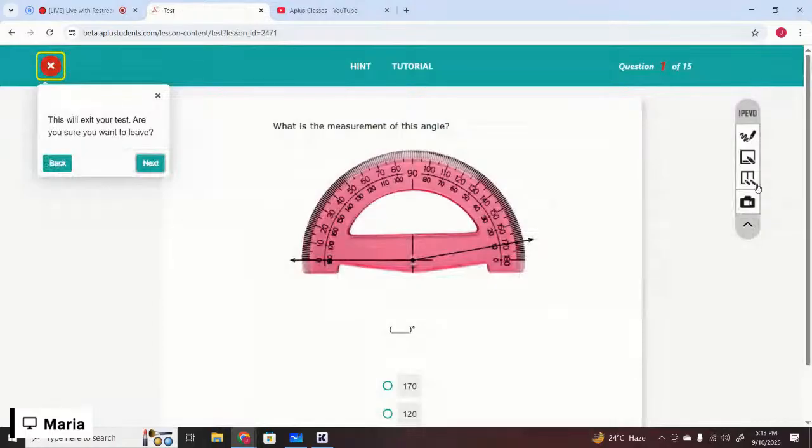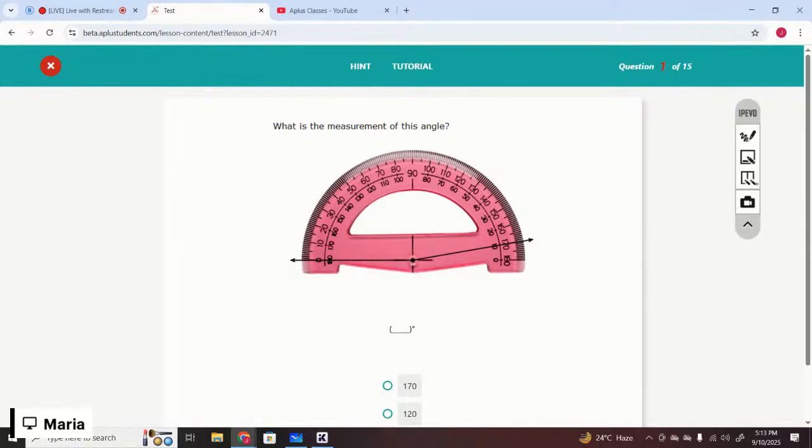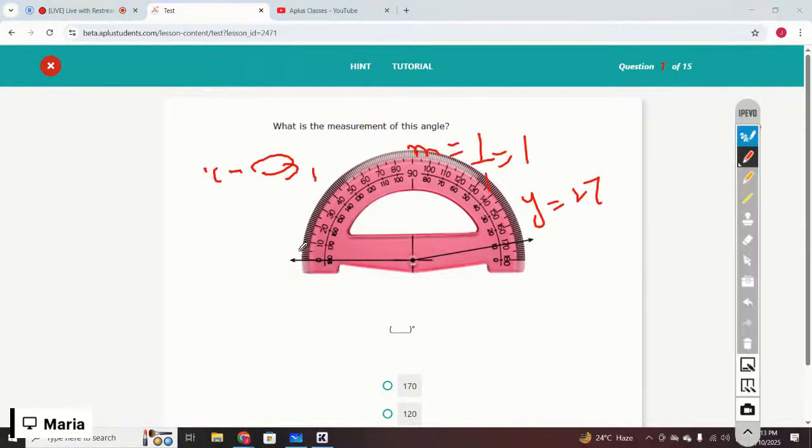So which is the correct option? So one of the lines must be lined up.